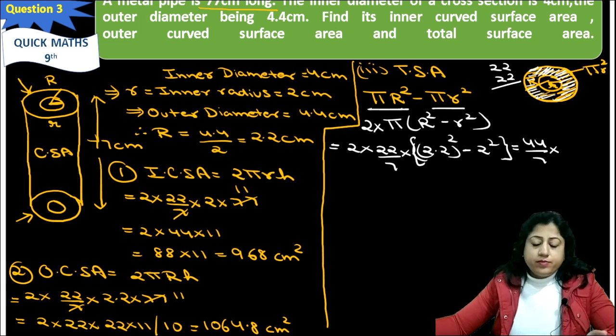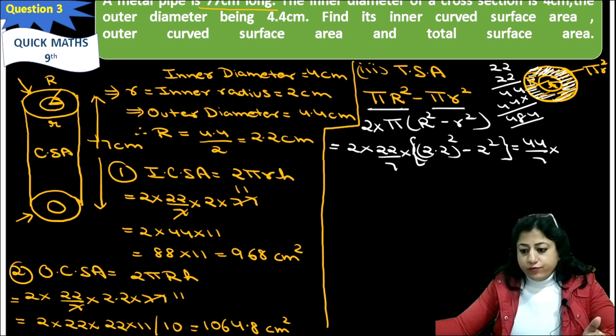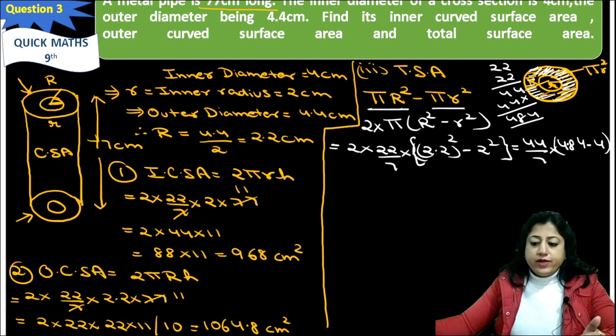22 square means 22 and 22, it will be 484. So 484 minus 400. This is 4.84 because it will be at two places of decimal, as here it is a single place of decimal and we are doing the square of it.